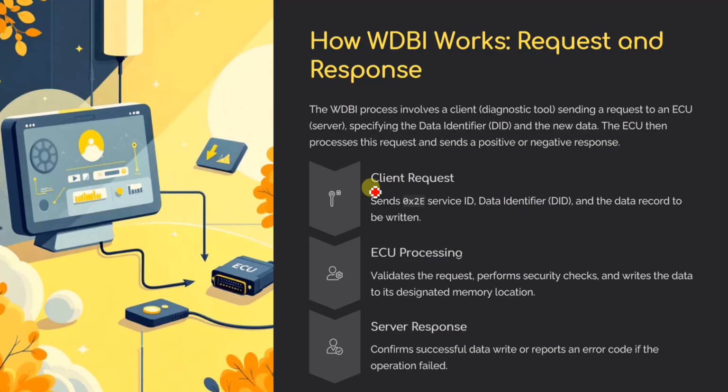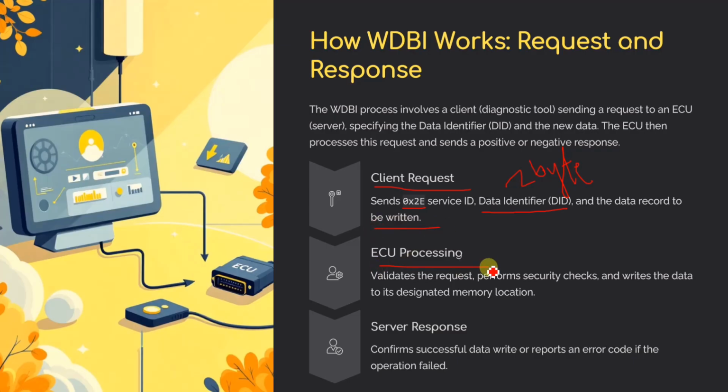First, we send a client request using service 2E, the service ID, followed by the data identifier. The data identifier is a standard 2 bytes. And then the data record, that is, what data you want to write. That record we send in the request. Then the ECU processes it.